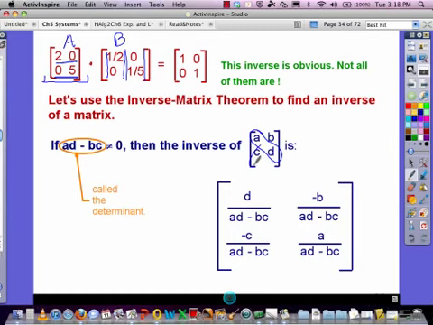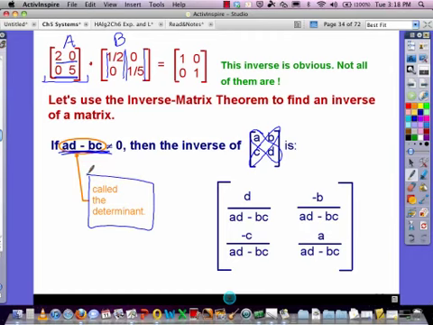Then taking b and c, which are the right diagonal. So the left diagonal's product minus the right diagonal's product. As long as that does not equal 0, then an inverse exists, and we can find it. So this ad minus bc, from here on out, will be called the determinant in a 2 by 2.